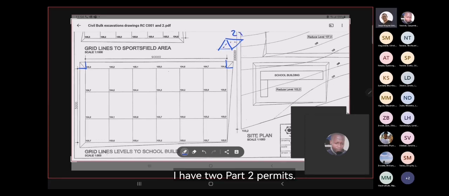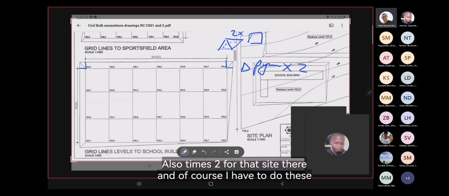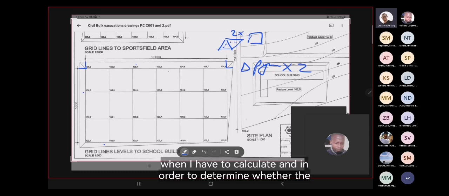I have two pyramids, which are square. I have a triangular pyramid, also times 2 for that side there. And of course, I have to do these two sections over here for what I have to calculate.